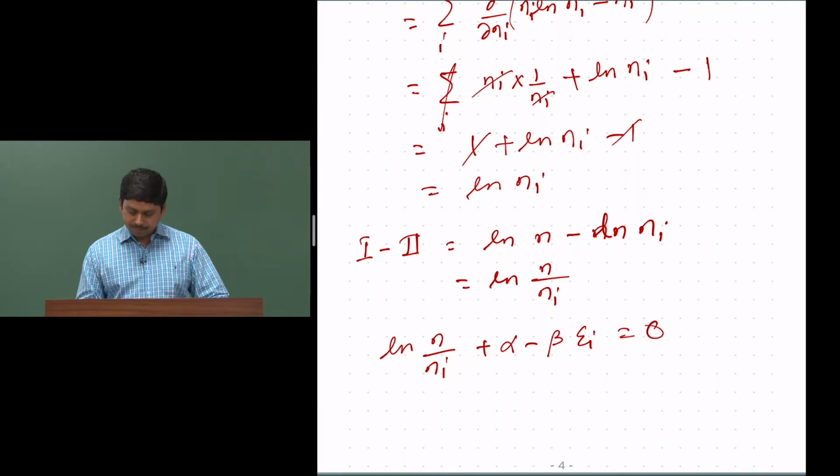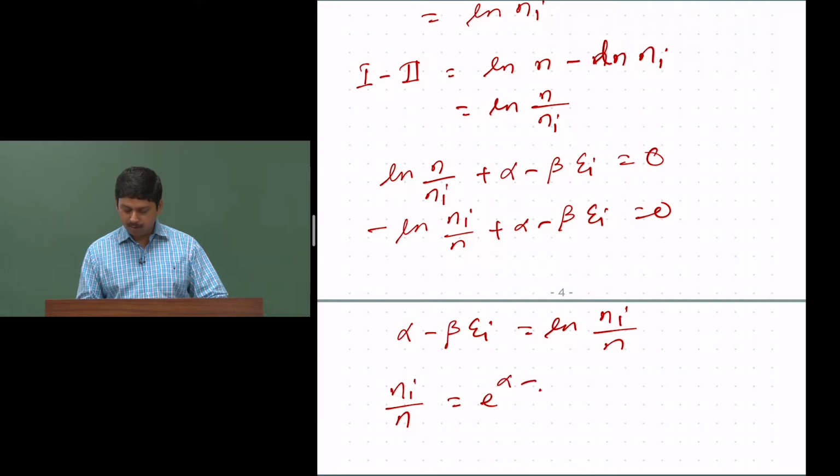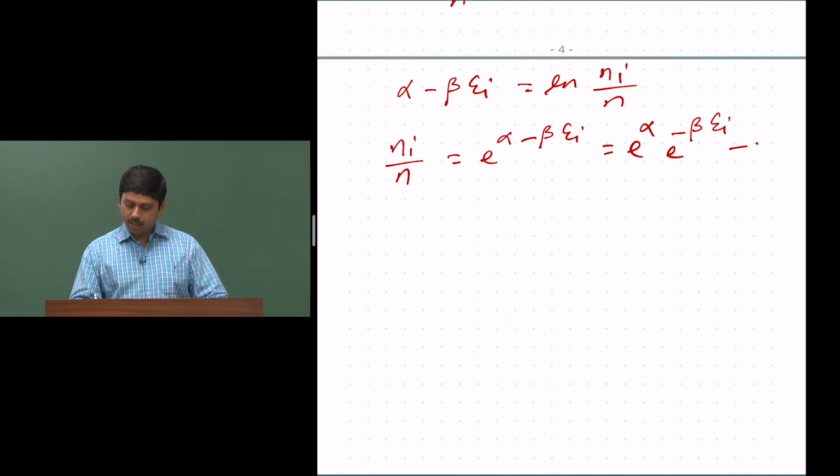This means minus ln n_i by N plus alpha minus beta E_i is going to be 0, which means alpha minus beta E_i is going to be ln n_i by N, which means n_i by N is e to the power alpha minus beta E_i, which by the product rule will be e to the power alpha into e to the power minus beta E_i. Let us call this equation 2.